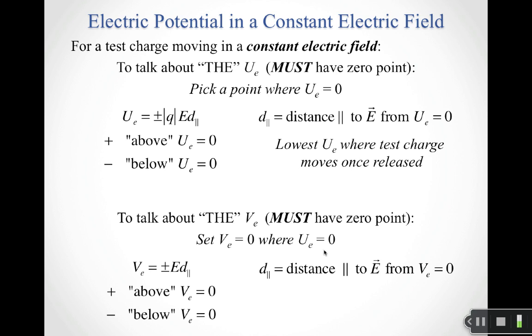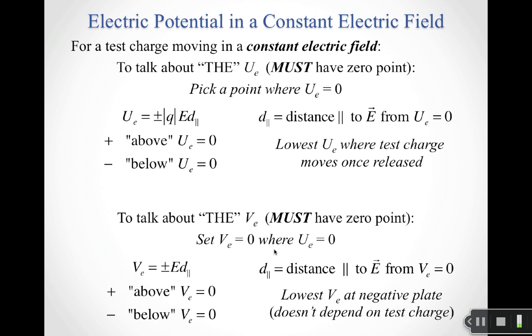In fact, we will tend to say that the potential is going to be at its lowest point as I hit the negative plate. Again, this doesn't depend on the test charge. So if I define the potential to be 0 at the negative plate, then everything else has got to be positively valued. I don't have to make that choice, but it's an easy choice to make so that I ensure the rest of my potential values are all positive and I don't end up with some additional sign error.